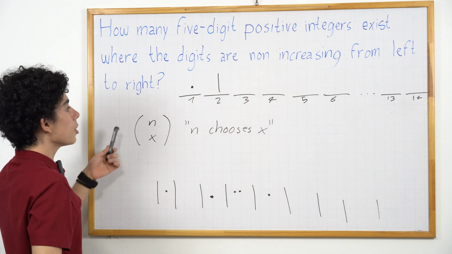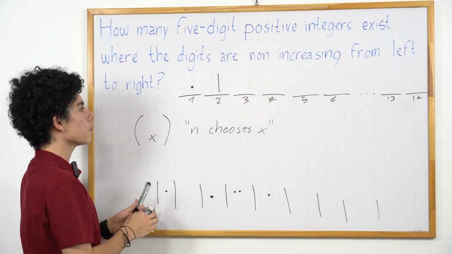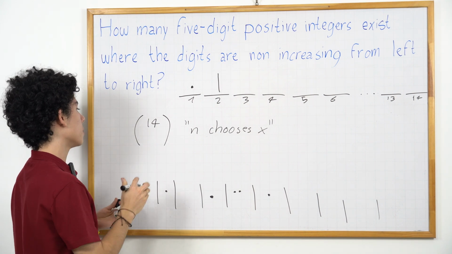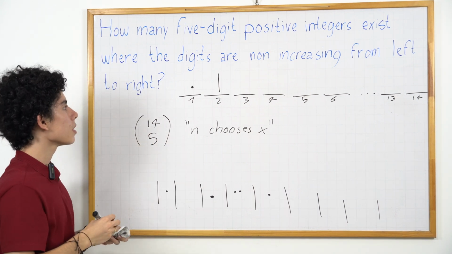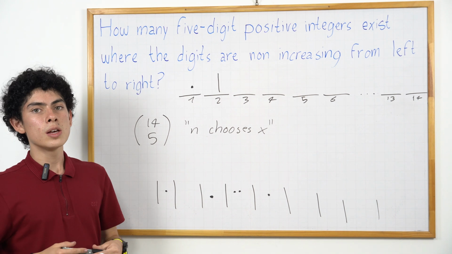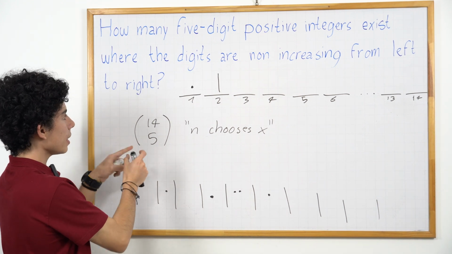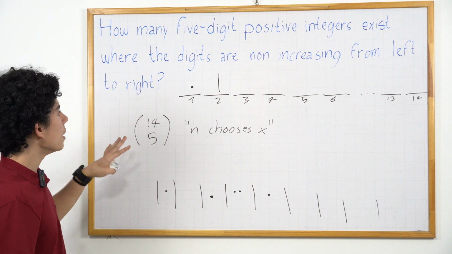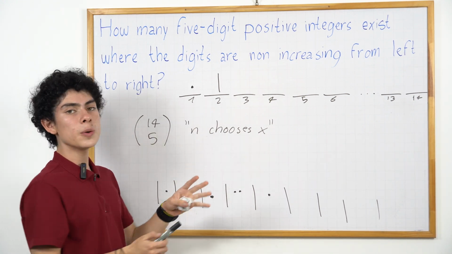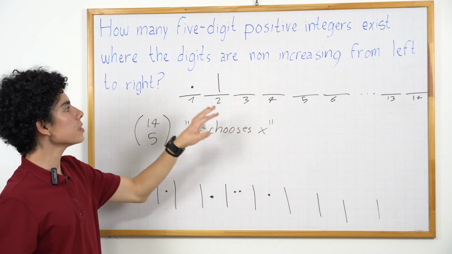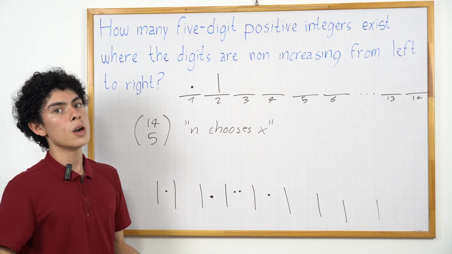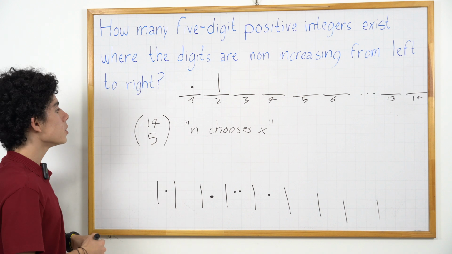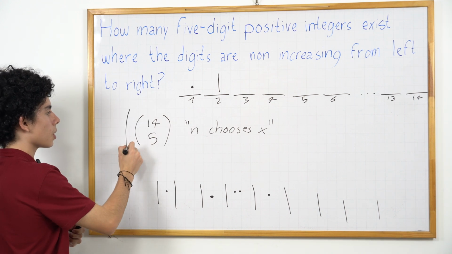In this case, I have 14 spaces, and I have to choose 5 dots. So what I'm saying is, in how many ways can I put 5 dots in these 14 spaces? This is also true because the dividers will already be in place, since the dividers are all the same and we do not have to calculate them. So this would be the answer.